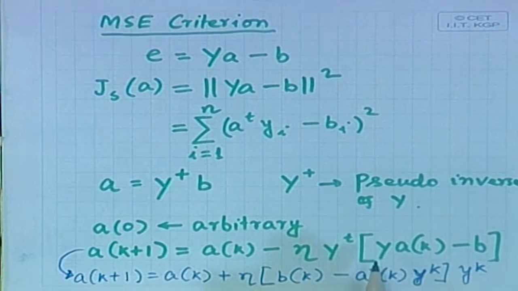Now, again this mean square error criteria function based iterative algorithm to find a solution vector is problematic in the sense that we have said that the perceptron criteria and the relaxation criteria are useful when the classes are linearly separable.